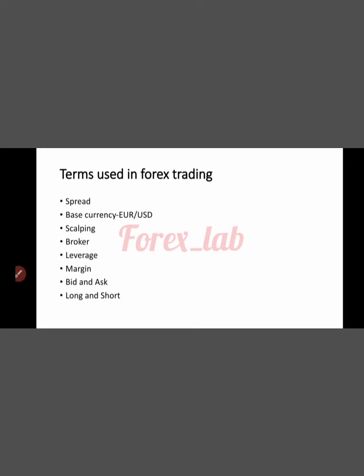Now the last part on this particular page is long and short. When a trader goes long on a currency pair, the first part of the pair is bought. Let's say we have EUR/USD, as you can see from the screen. When a trader goes long, it means the Euro is bought and USD is sold.